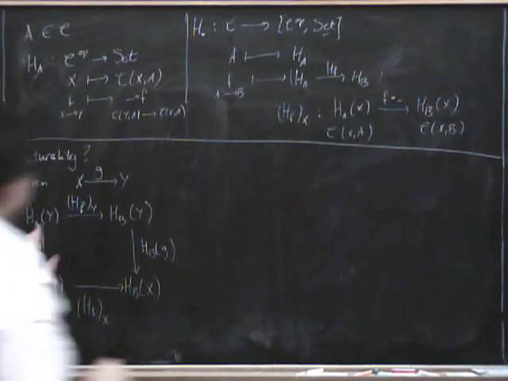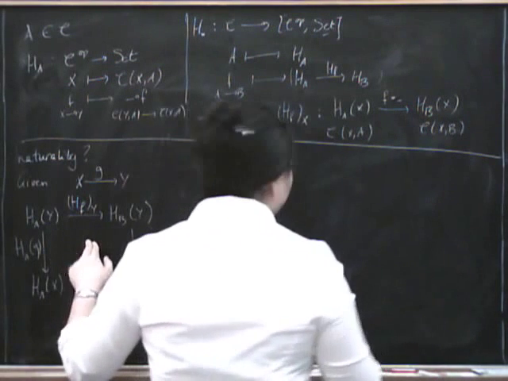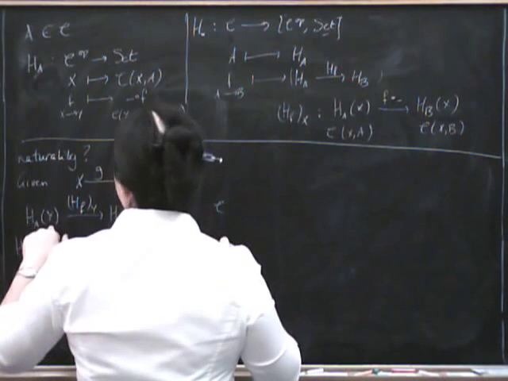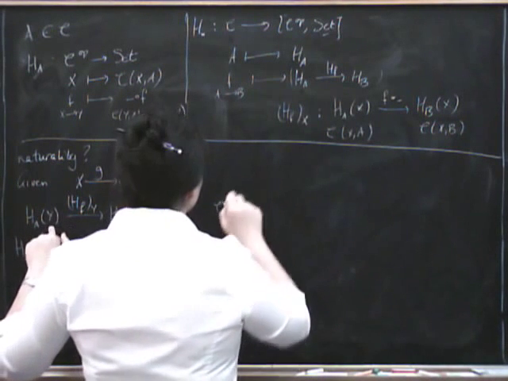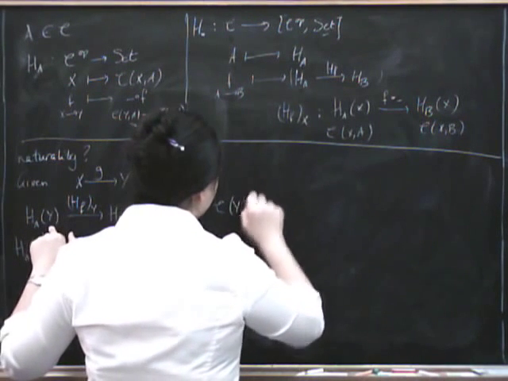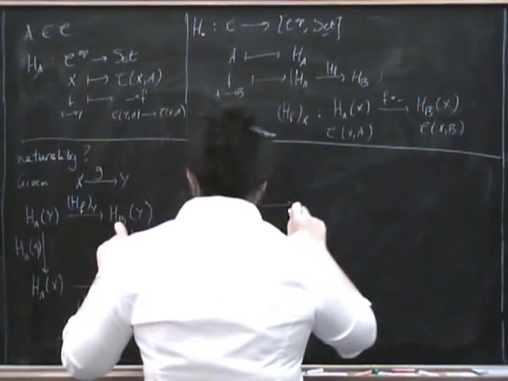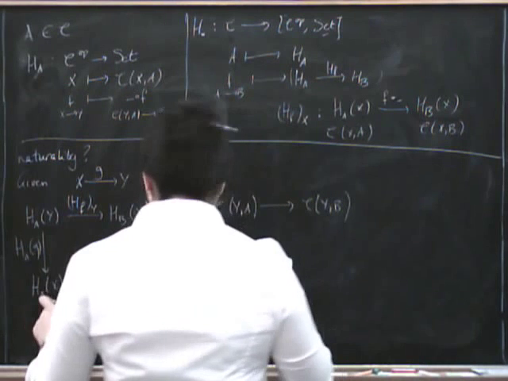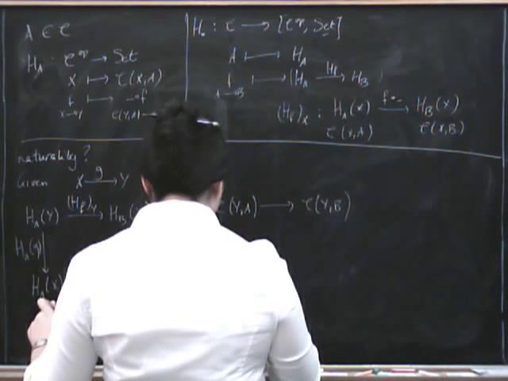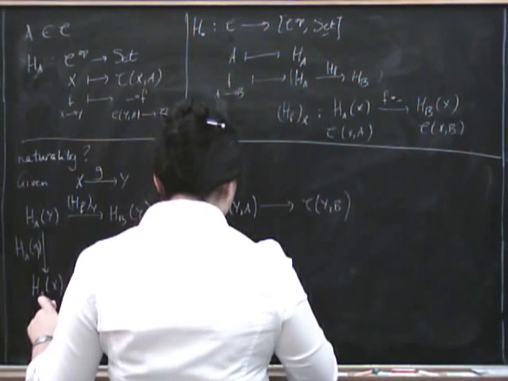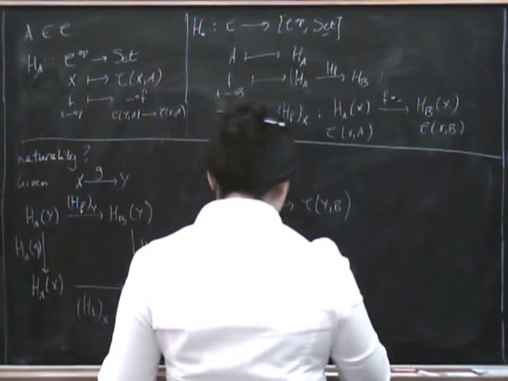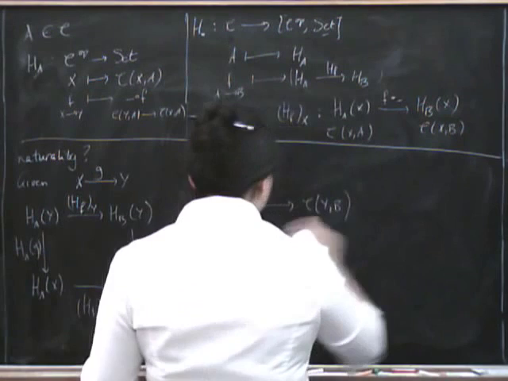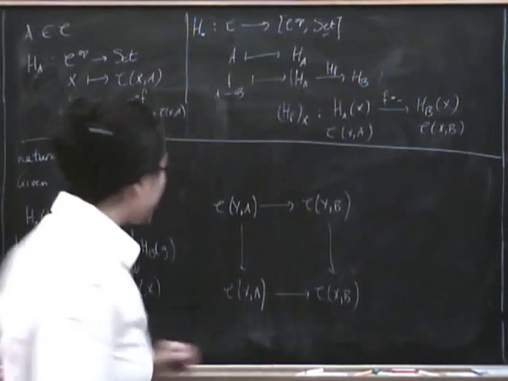Right, now let's see if this thing commutes by writing it out a bit better. This top left-hand corner is H sub A of Y. So this is the morphisms from Y to A. Here we've got the morphisms from Y to B. Here we've got the morphisms from X to A. And here we've got the morphisms from X to B. Right, now let's see what the morphisms in this square are.